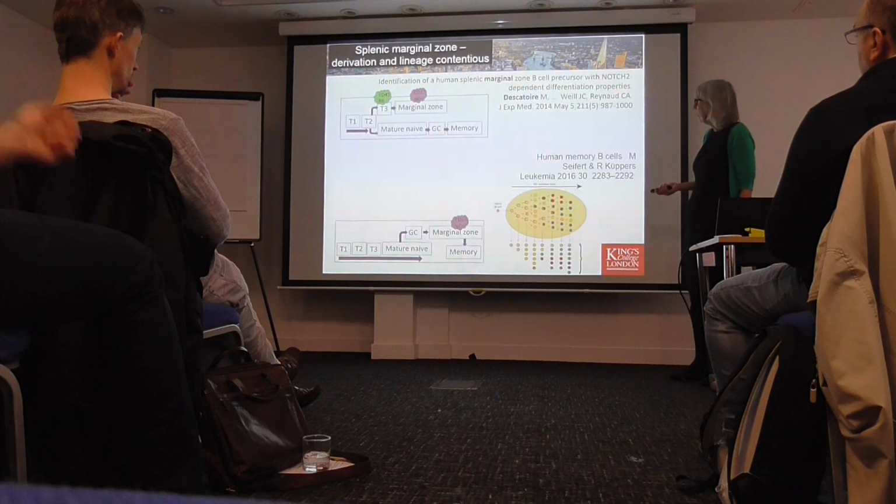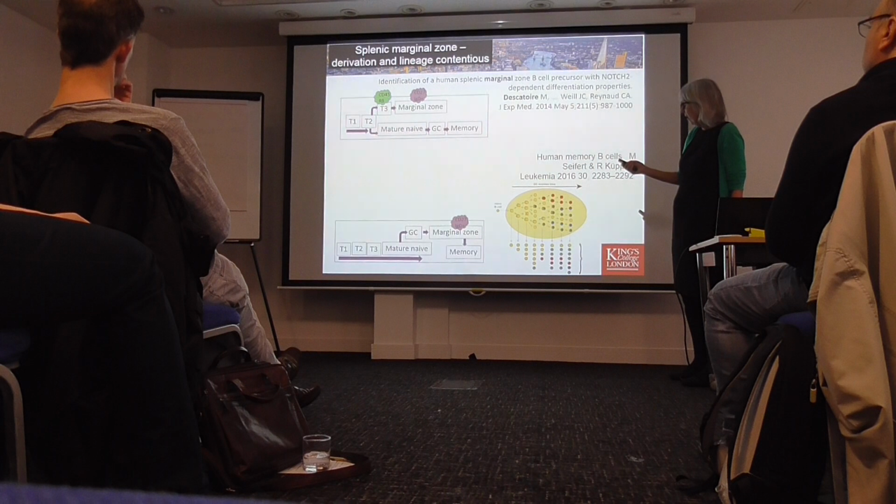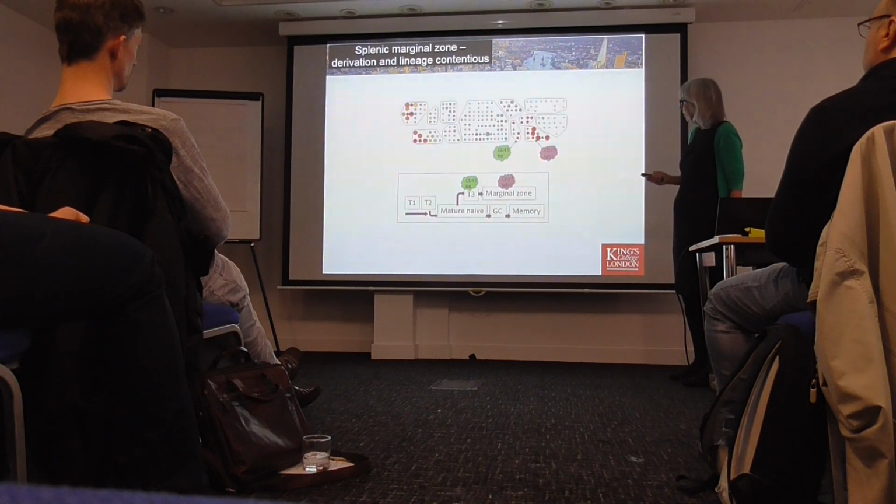Which is, if we look at the models, the two models that I've put together to start with, I think actually we are looking at a different one. So we think from that CyTOF analysis, it looks as though this branch actually comes from the naive population. However, if we put these two things side by side, this T1 is here, these are the T2, and the naive are in the middle. Then we can see the T3 are close to the marginal zone.